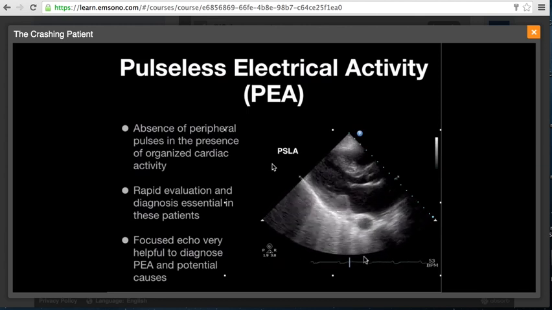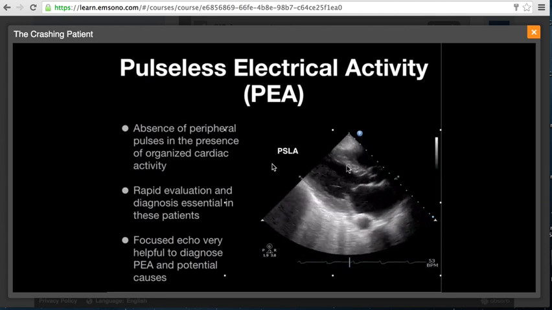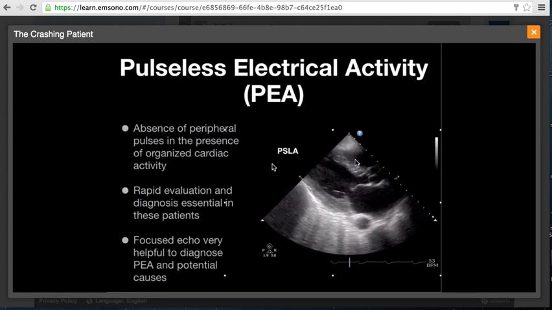You could see that on the monitor there were organized complexes, but the question is, did the patient have true organized cardiac activity? And on focused echo, you could see that yes, this patient does have organized cardiac activity. You could also look to see, does the patient have a large pericardial effusion with tamponade physiology? You could look to see if the right ventricle was dilated and potentially the patient has a saddle pulmonary embolism.